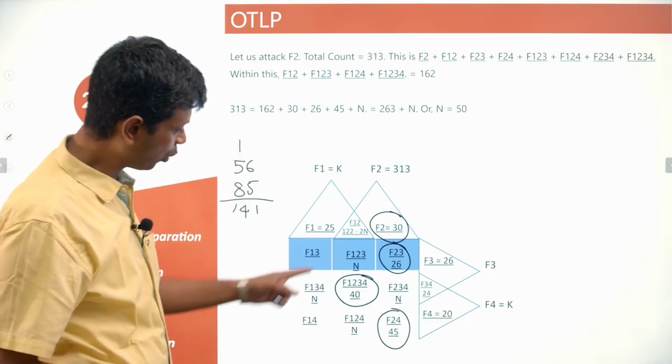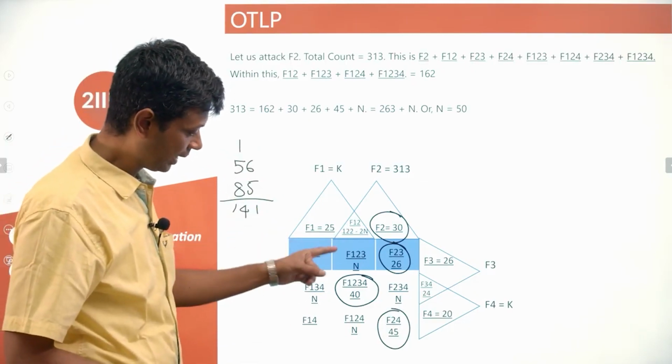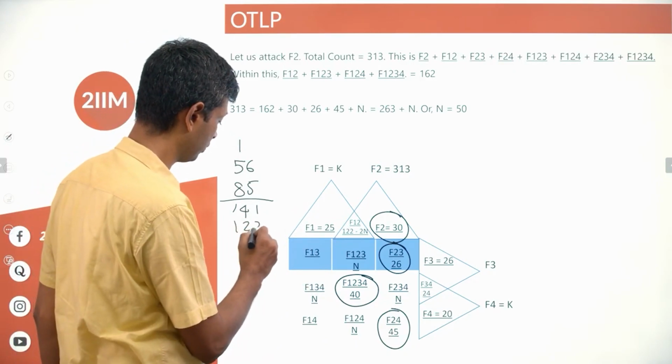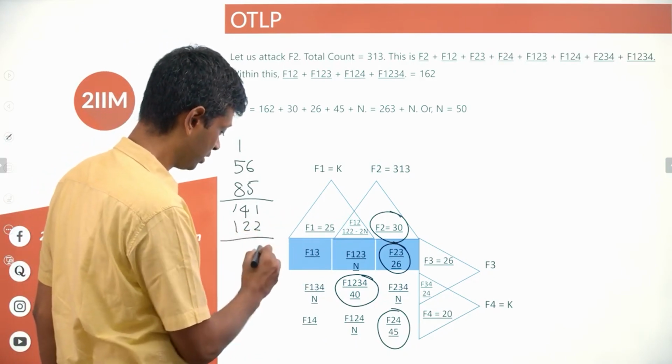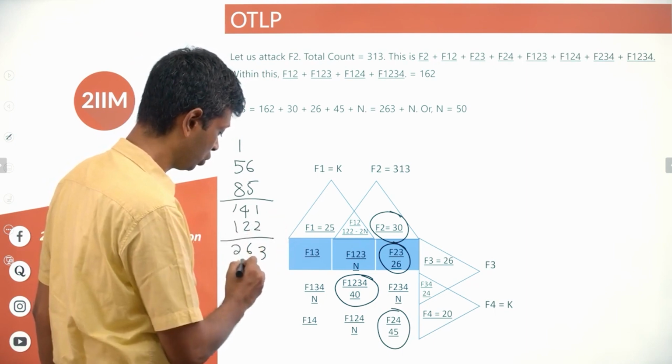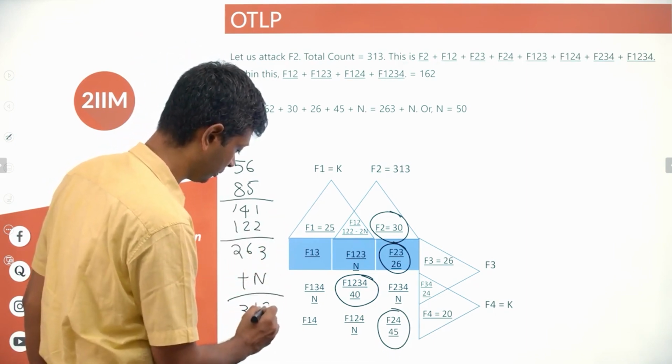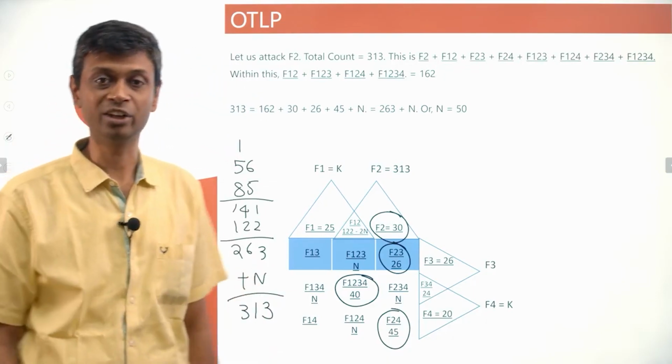To this, we add 122 minus 2n, n. So 122 plus n. So to this, we add 122 and then an n at the end. So we add this, 263 plus n equal to 313. Or this gives us n is 50.